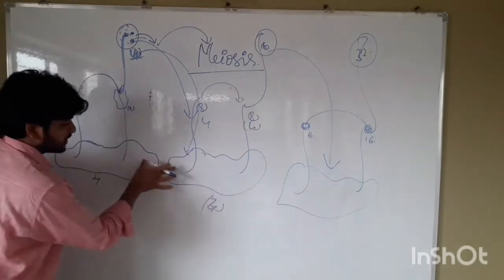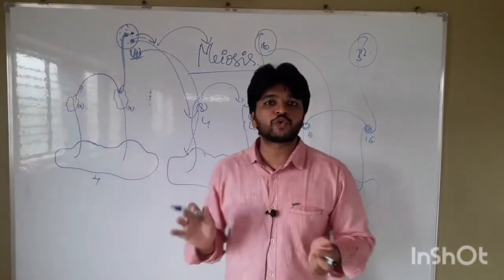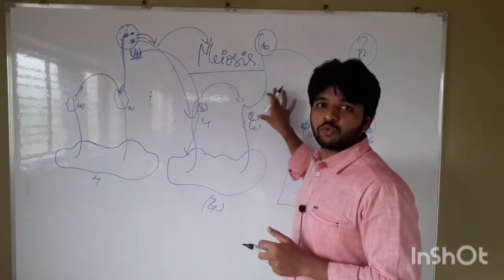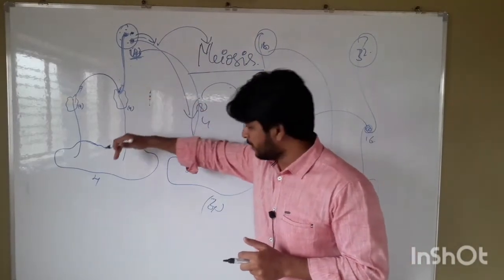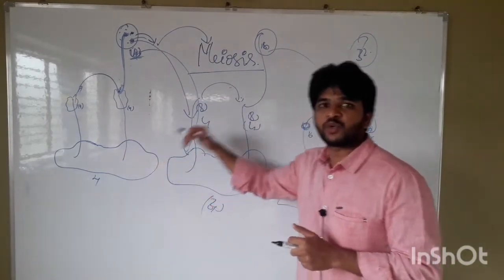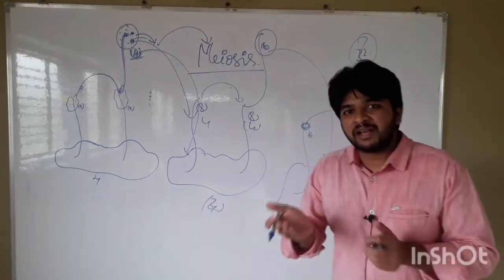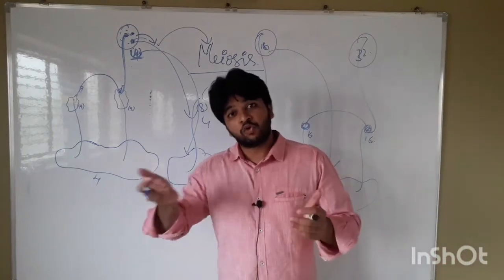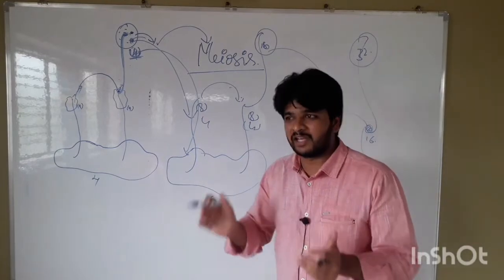So meiosis helps to maintain constant chromosome number. If meiosis does not take place, then the number of chromosomes keeps on increasing from one generation to another and the organism becomes unstable. Such an organism with a higher chromosome number cannot survive in nature.